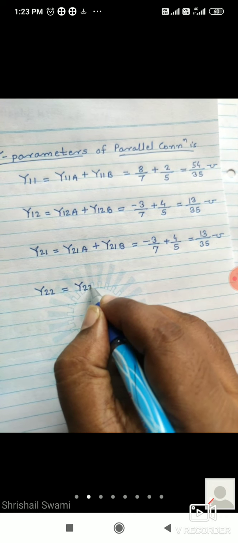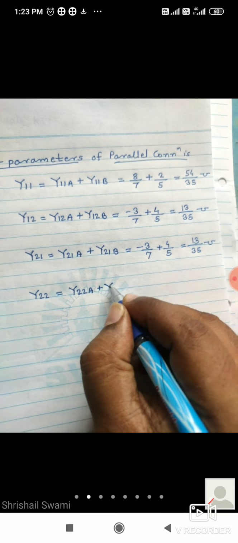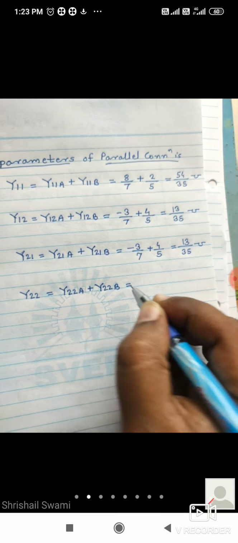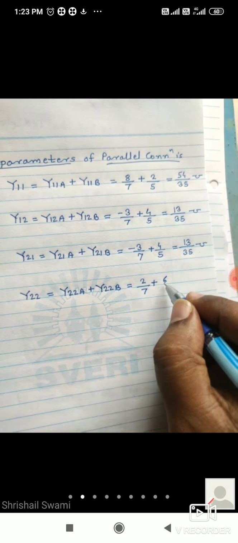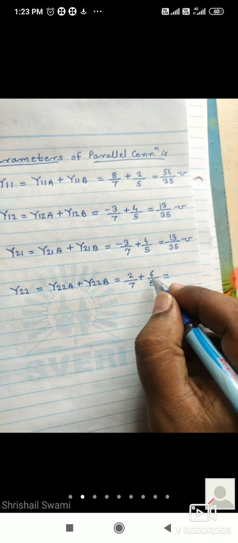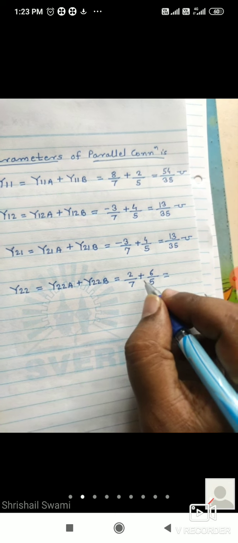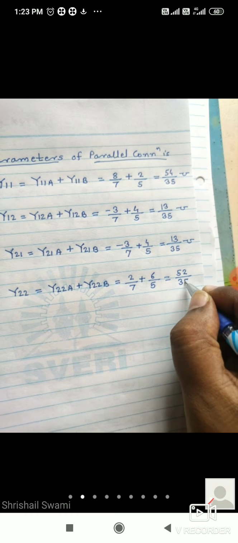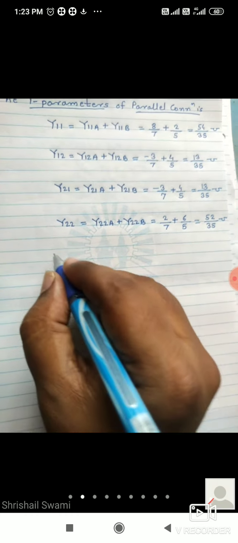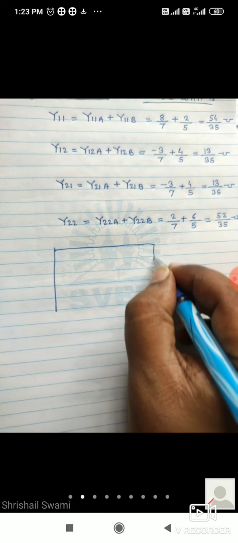Y22 of A plus Y22 of B. What is Y22? It is 2 by 7, and here it is 6 by 5. So calculate this. 2 into 5 is 10 and 7 into 6 is 42. 42 plus 10 is 52, divided by 7 into 5, that is 35 mho. So finally you can write the Y parameters in one box.